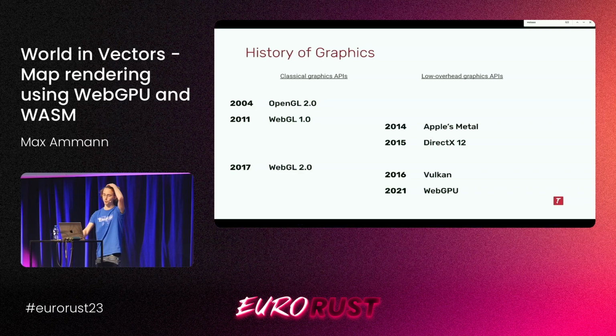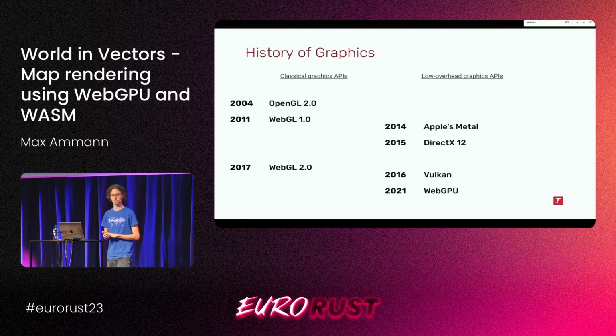There have been quite a few graphics APIs over the years. About 20 years ago, there was OpenGL 2. Then it took quite a lot of years until WebGL came into existence, and this is more or less the same story with WebGPU. The style of modern graphics APIs was really founded by Apple, I would say.